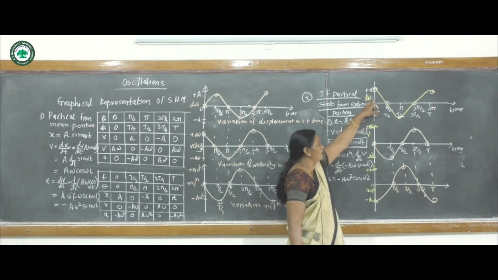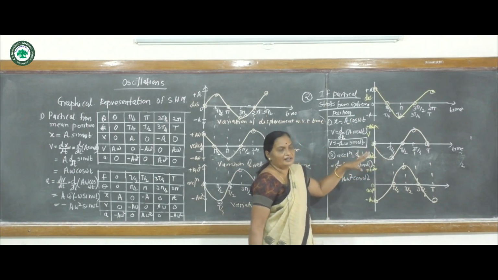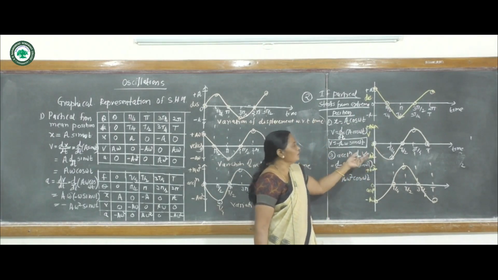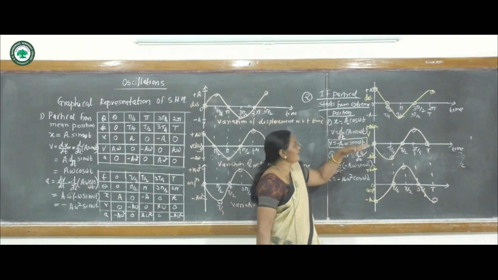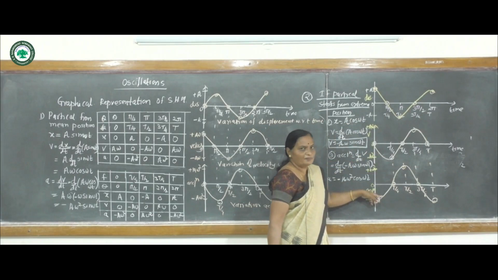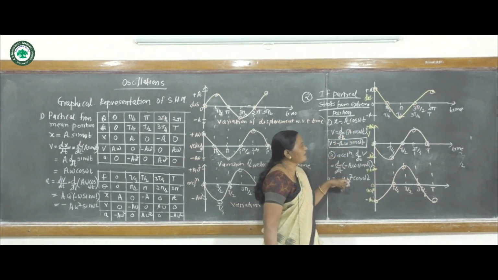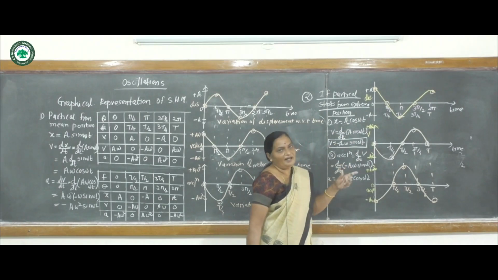Now the conclusion from the graph: displacement, velocity and acceleration are harmonic functions, represented by sine and cosine functions.